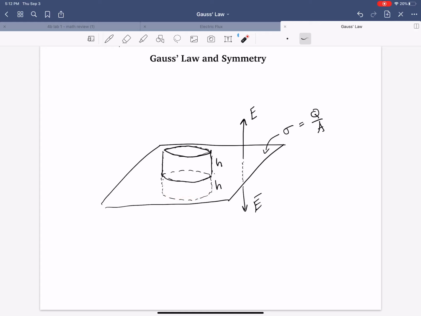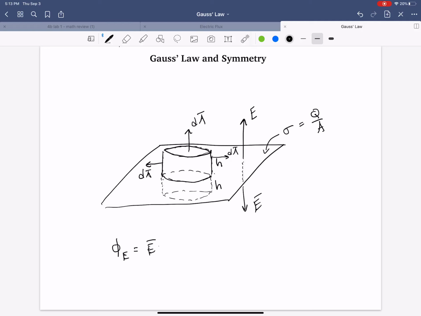That's the surface of this Gaussian. It's called a pillbox in some textbooks. This Gaussian cylinder, if you will. The top and the bottom will have a non-zero flux, because that normal vector, that dA, is in the same direction as E. The dA for the sides, like that, and over there, what's the electric flux there?